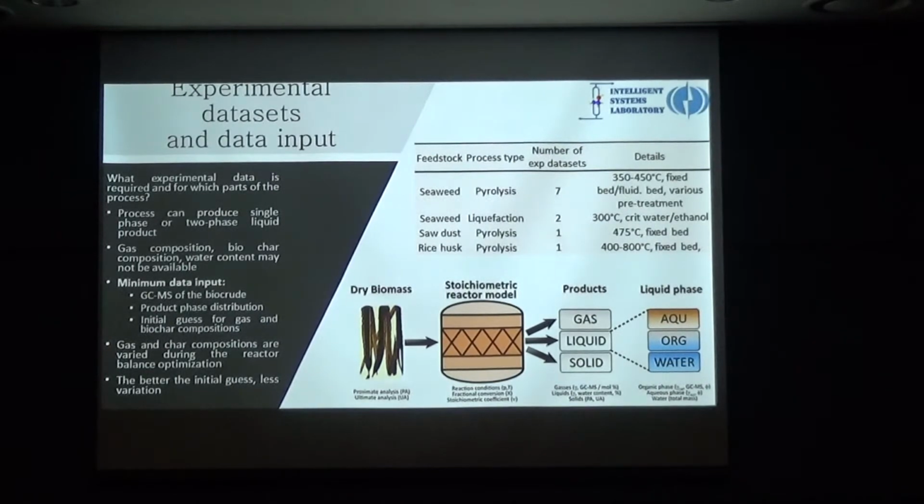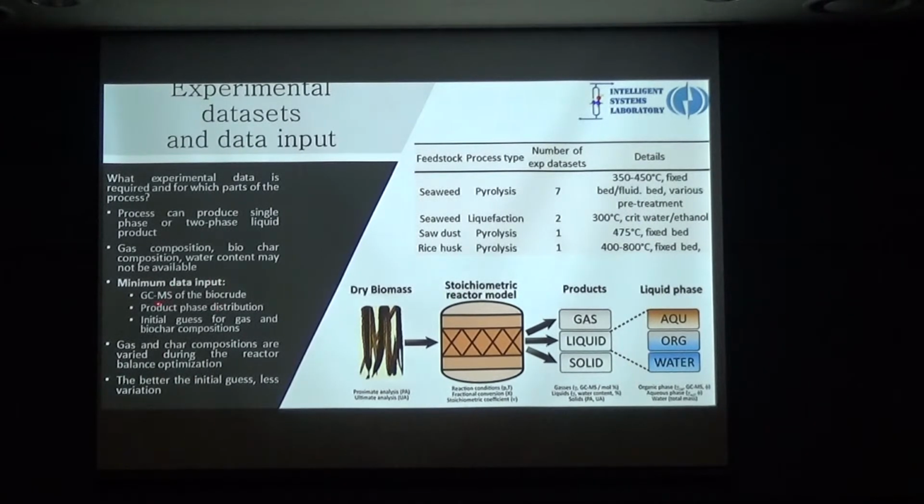Now, we have tested this thoroughly and validated against process simulation on 7 different data sets. And at this point, I would like to note that the more experimental data you have, the better. The simulator will have a better starting point for optimization.